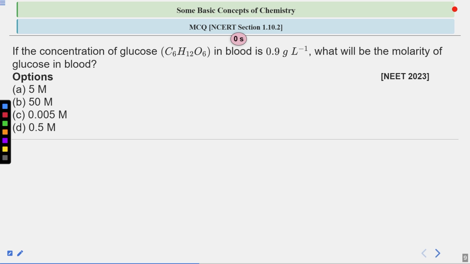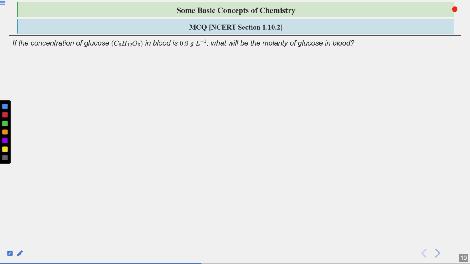Let us try to understand the question. It was given in the question that the concentration of glucose is 0.9 gram per liter. So what does it mean? It means that there is 0.9 gram of glucose present in per liter of the solution. You must not have seen this concentration term earlier.